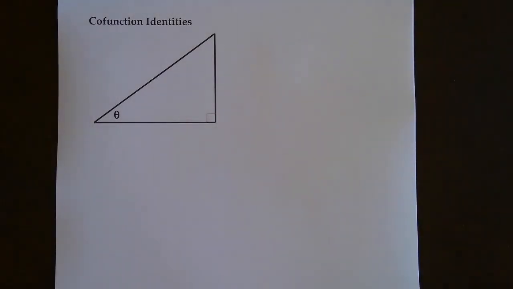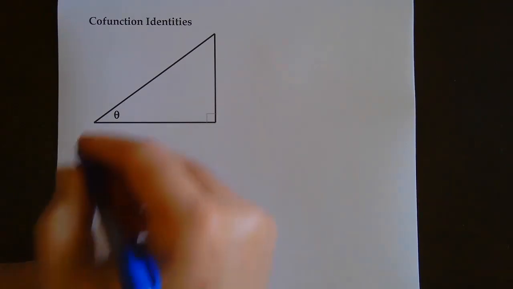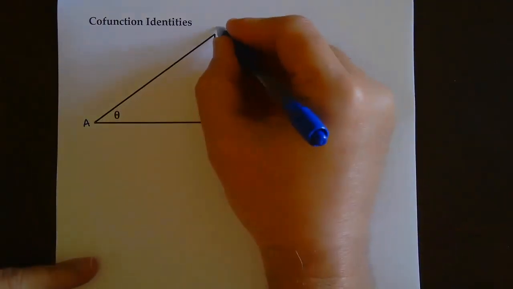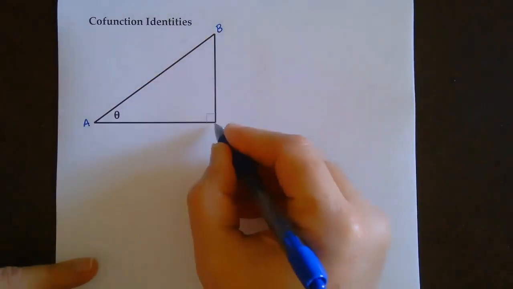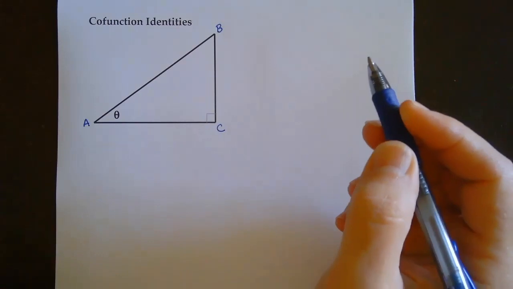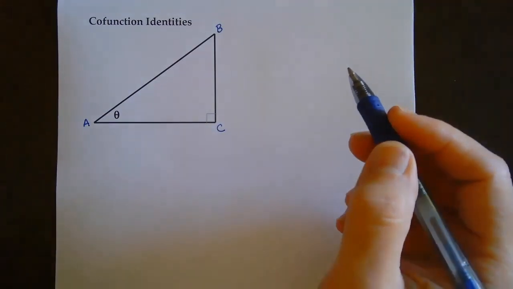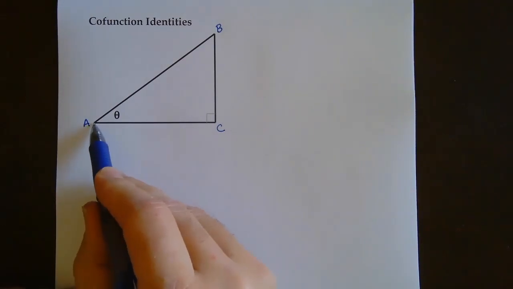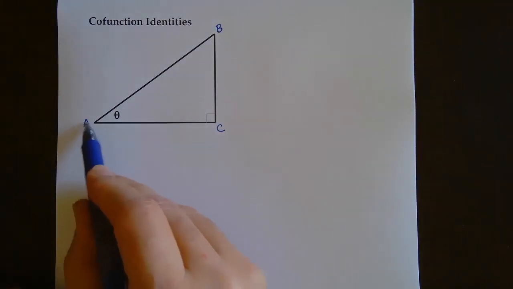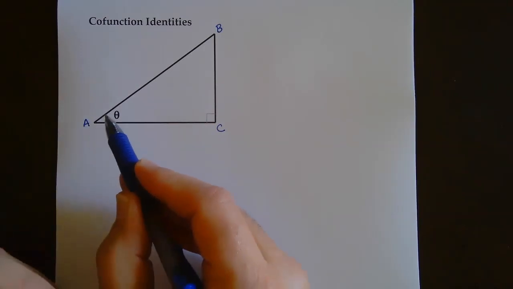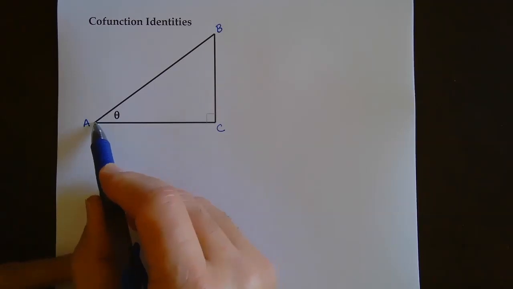Okay, for this one, these are called the co-function identities, okay? I'm going to call this point down here A, and I'm going to call this one B, and this one C. And remember, this is a right triangle, right? And remember we talked about this a couple units ago when we did right triangle trigonometry, okay? If this vertex of the triangle is capital A, because it's a point, we label points with capital letters, or vertices, okay?